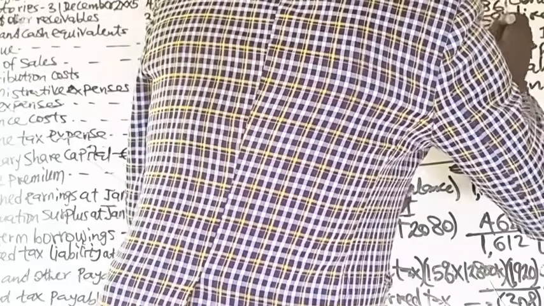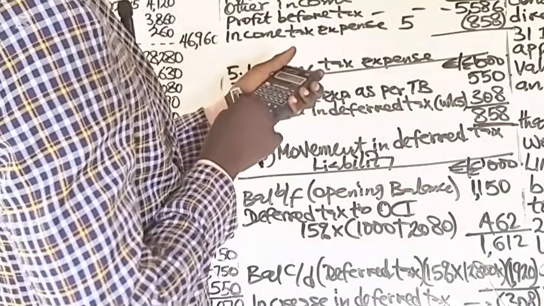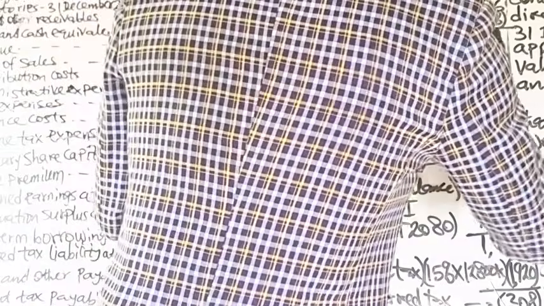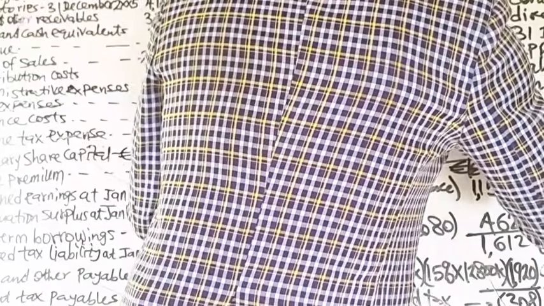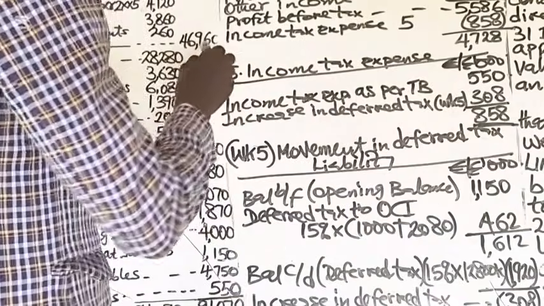That 858 is the amount of tax that will be expensed in the statement of profit or loss. That is the tax expense. If you subtract 858 from 5586, then you have 4728. That is the profit for the year.